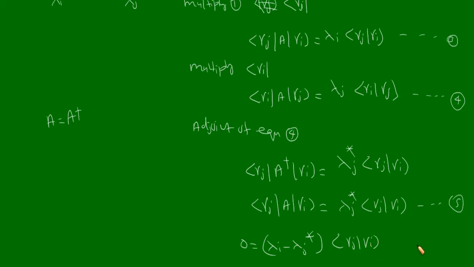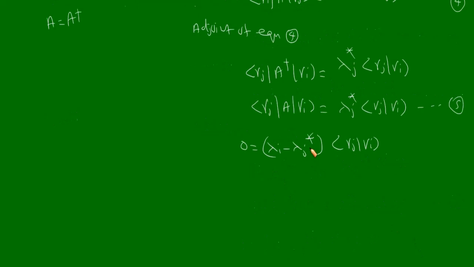Okay. So lambda i minus lambda j star into Rj Ri is equal to 0. Now if I substitute i equal to j, then I have lambda i minus lambda i star into Ri Ri is equal to 0.